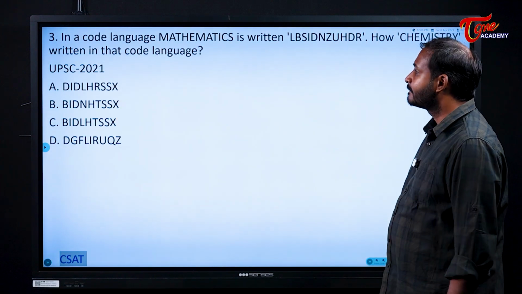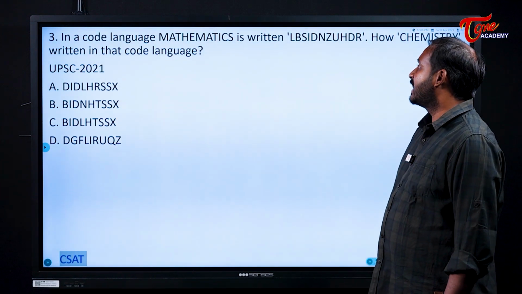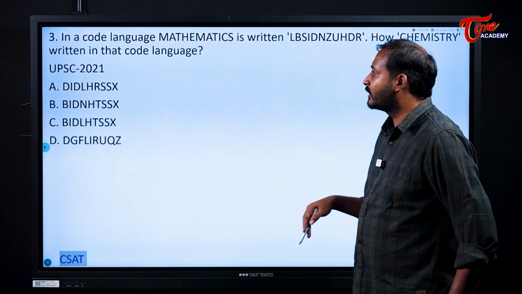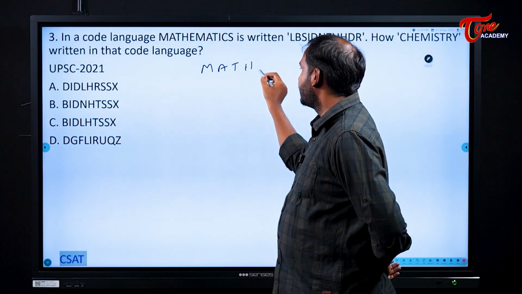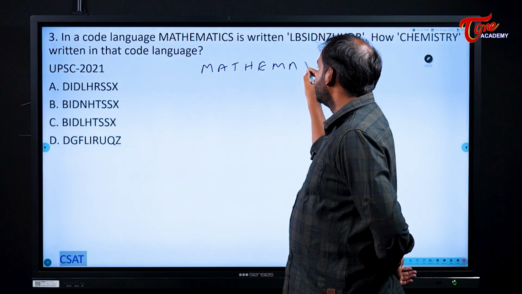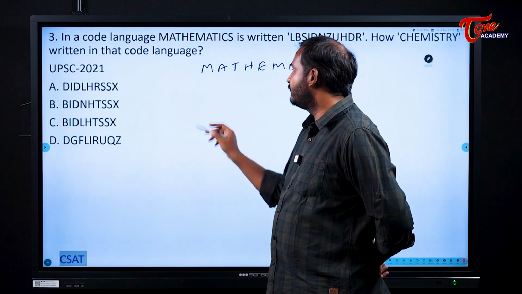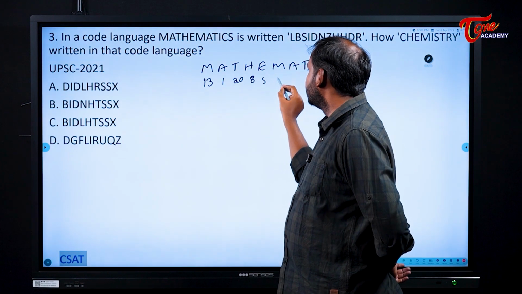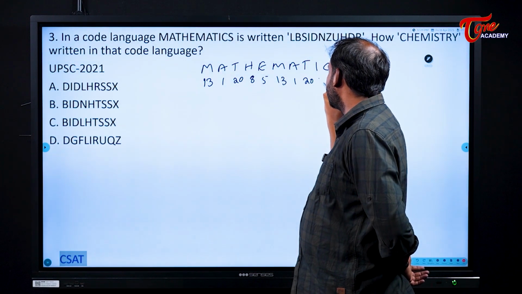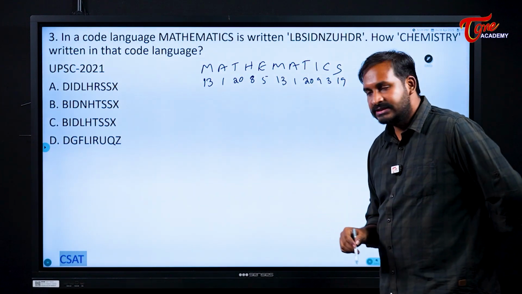Next one. In a code language, mathematics is written something like this, then how will chemistry be written? Mathematics, okay. Actual coding is 13, 1, 20, 8, 5, 13, 1, 20, 9, 3 and 19. This is the actual position.